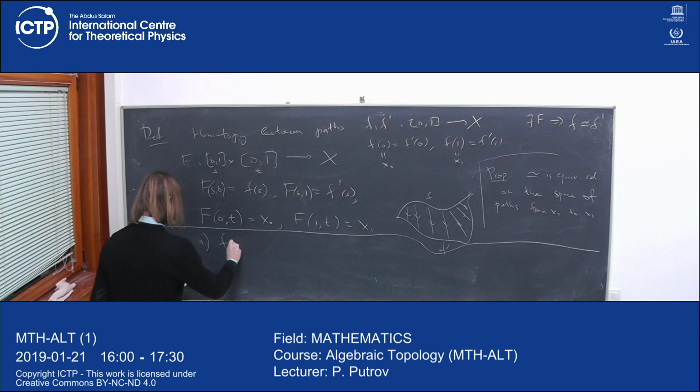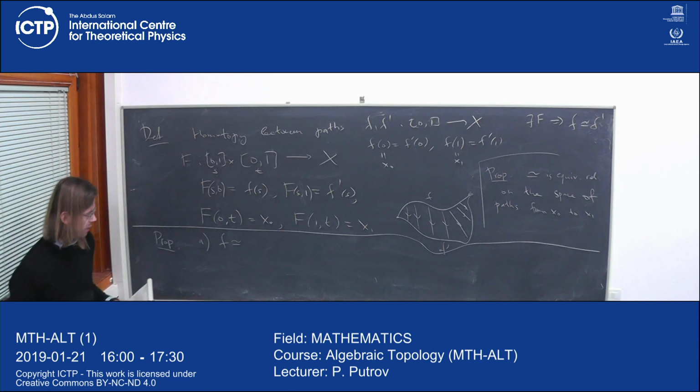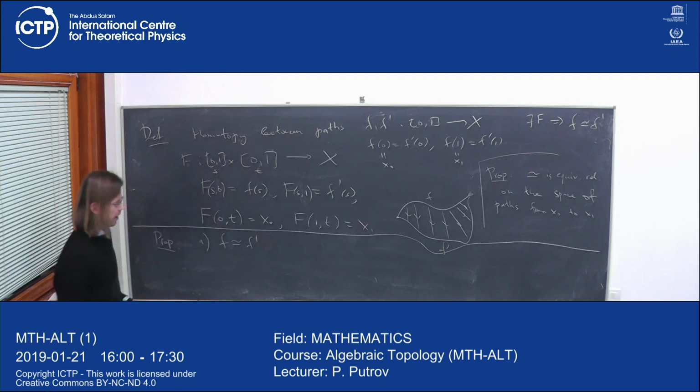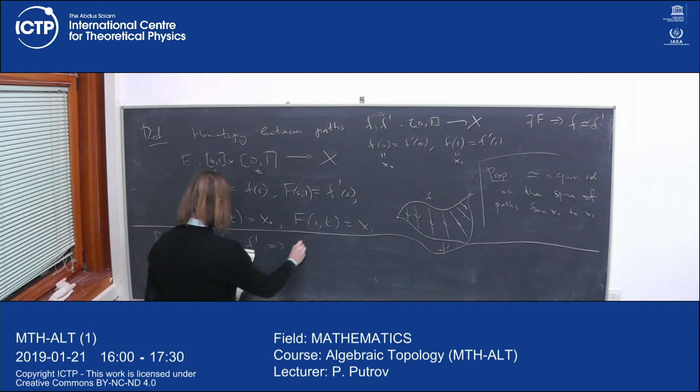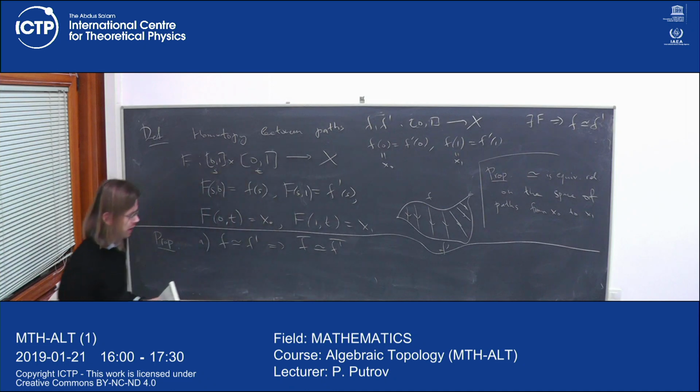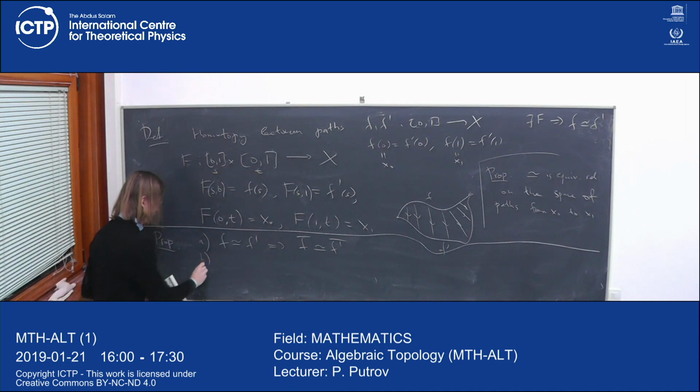Anyway, let me first formulate the statement. So a: if f and f prime are homotopic as paths, then the inverse paths are homotopic between themselves.